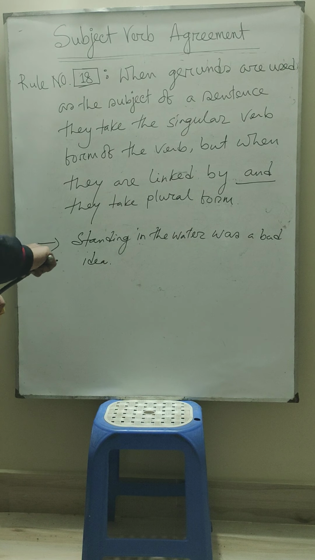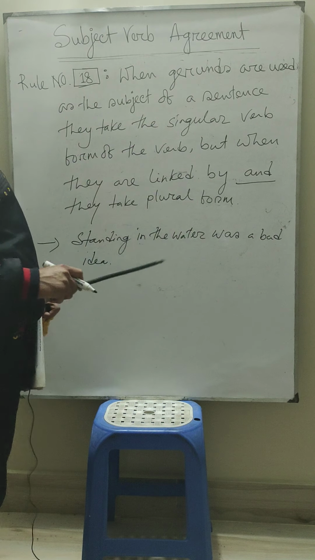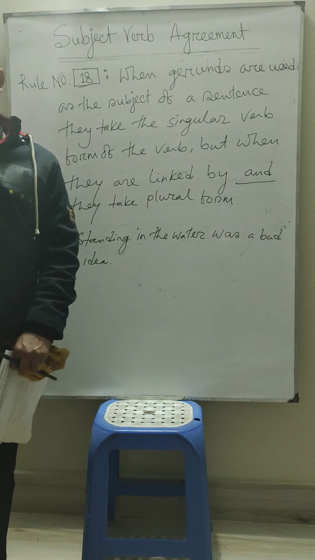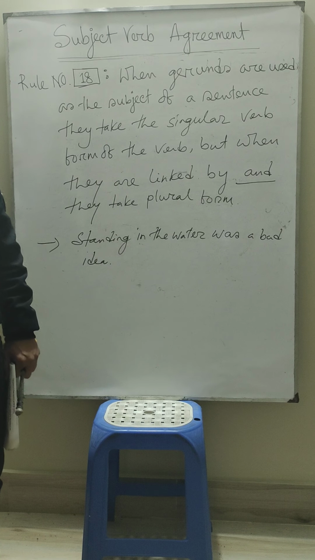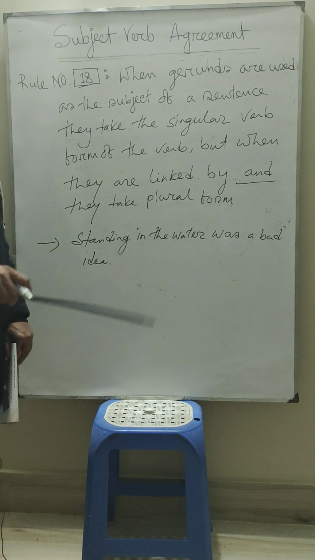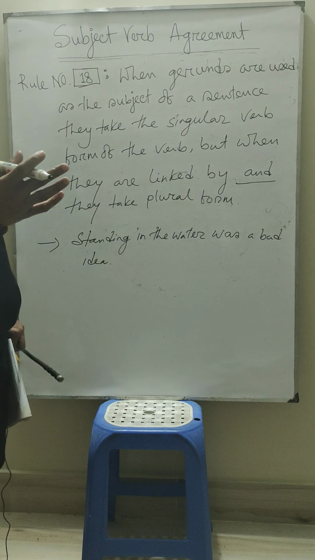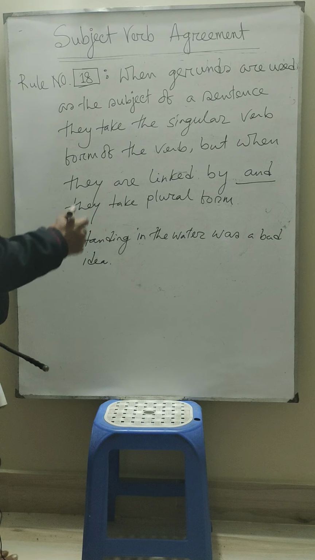Here you see gerunds, which means verb plus ing. However, I will discuss gerunds in detail in the next class. For your consideration, just take it as verb plus ing, that means gerund.